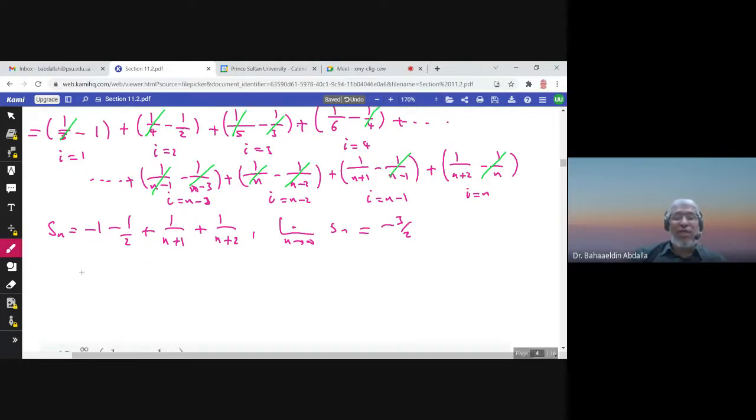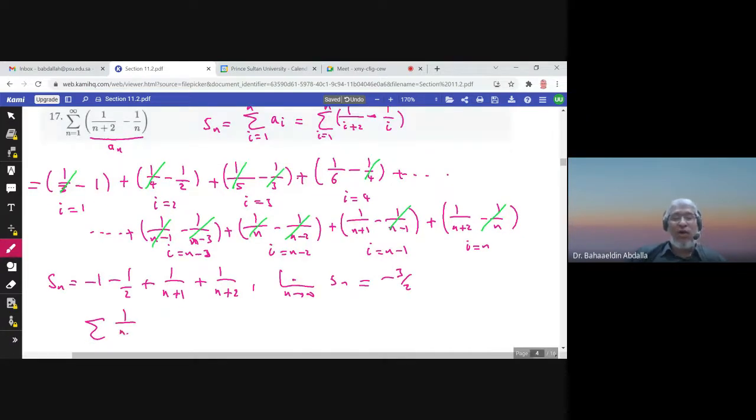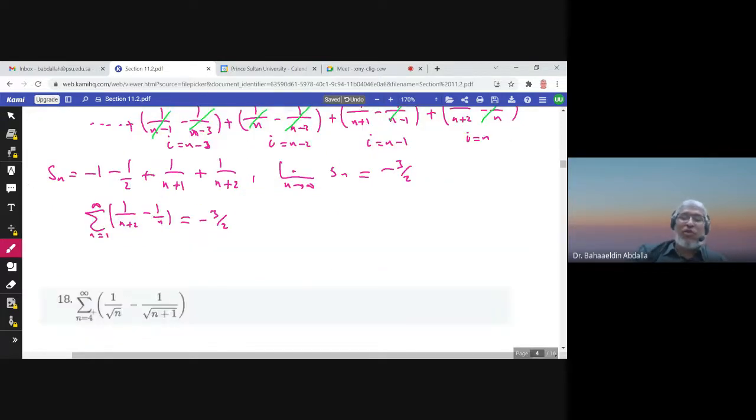So the series converges: the summation of 1 over n plus 2 minus 1 over n would be equal to negative 3 over 2, of course, from 1 to infinity. So this series converges.